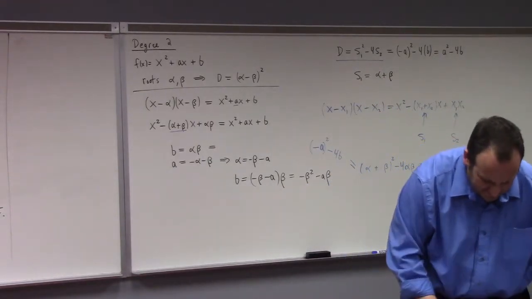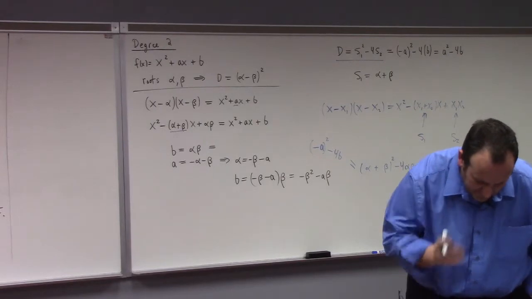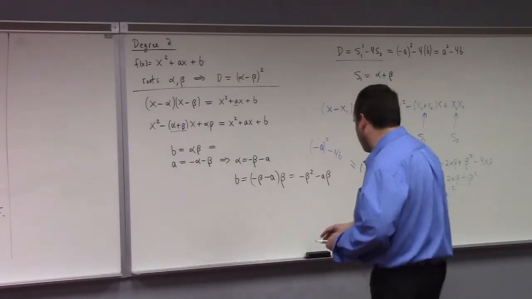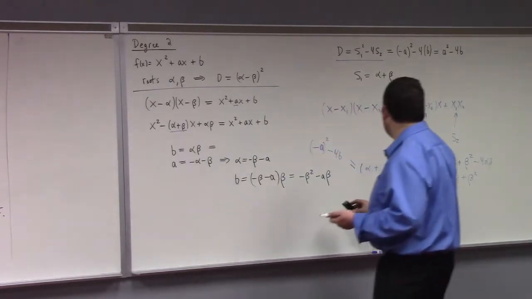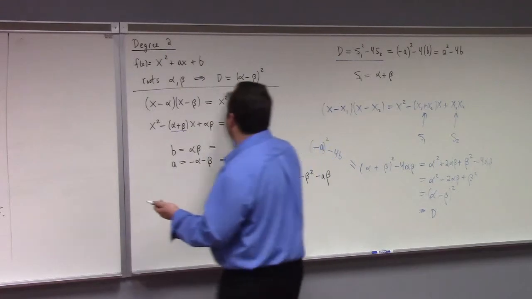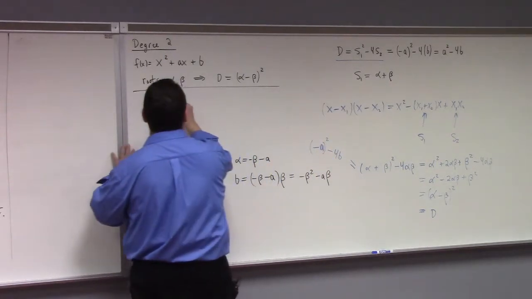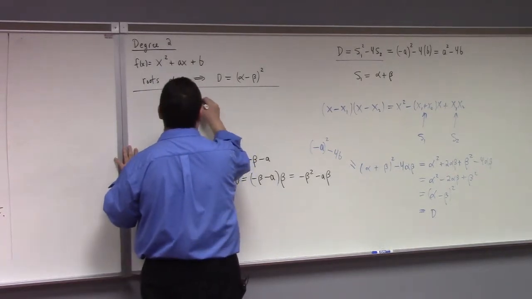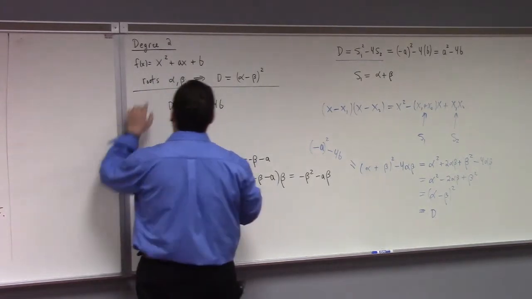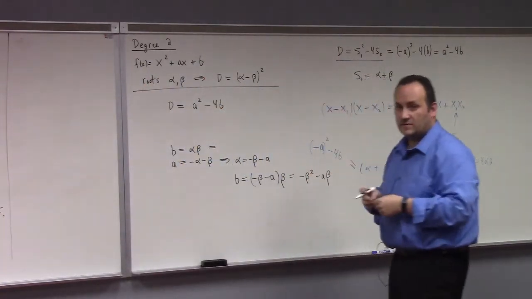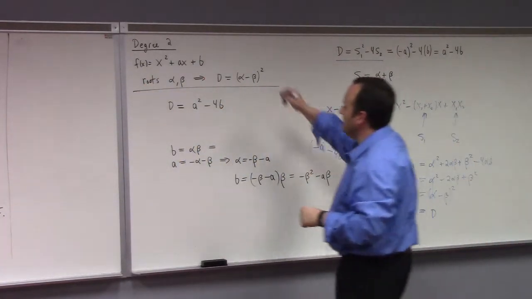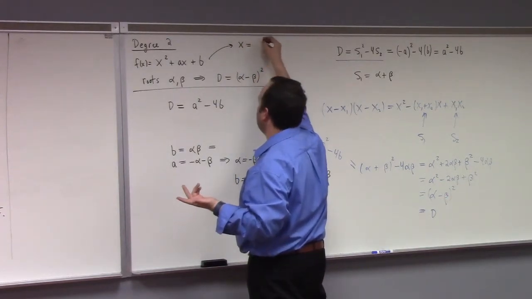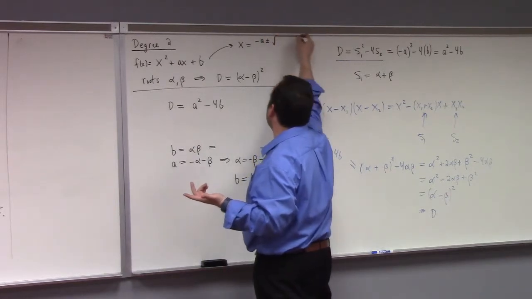The point is, after you sort through this, you see that the discriminant is just the usual thing we already know from algebra. So we find that D is equal to a squared minus 4b, which, if you look at the way the coefficients appear here, is just the usual discriminant. If we go back to algebra for a second, the quadratic formula says x equals minus a plus or minus the square root.